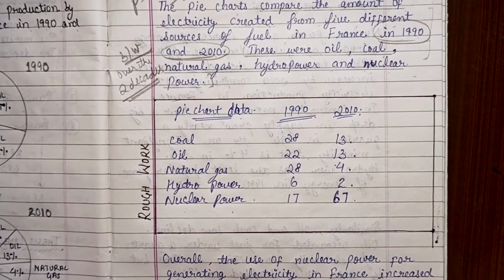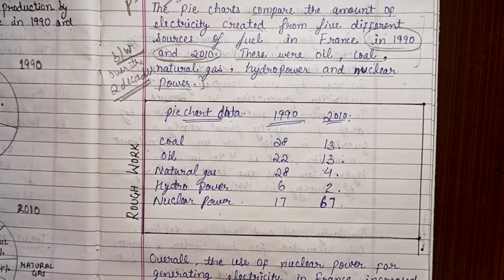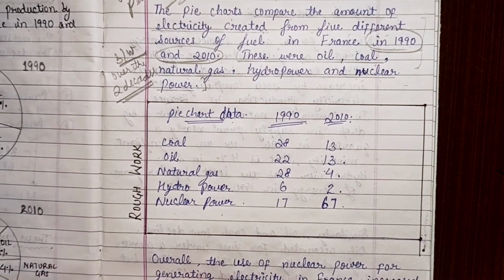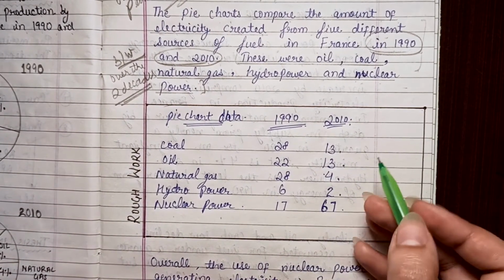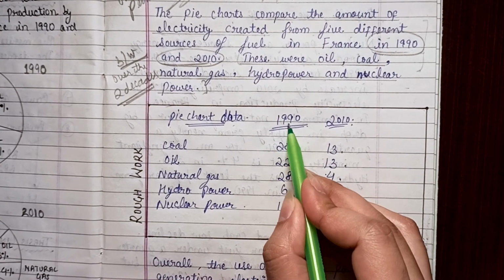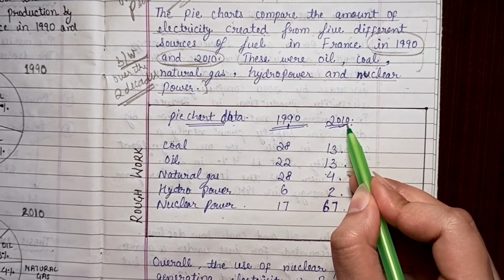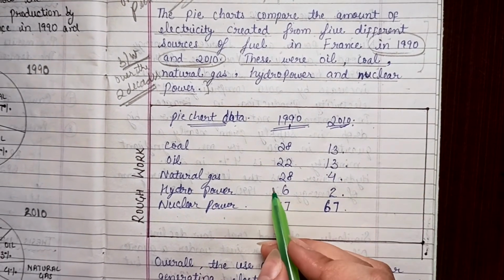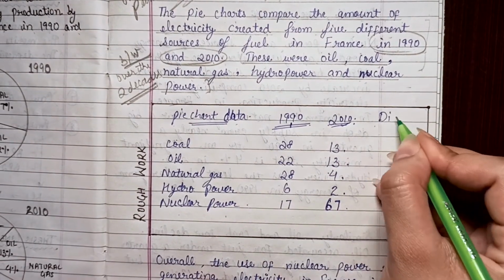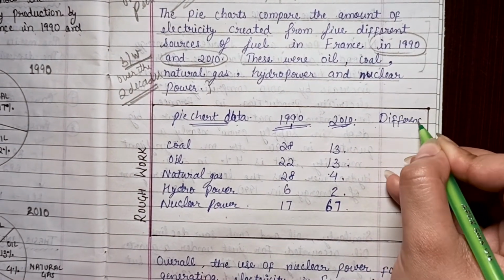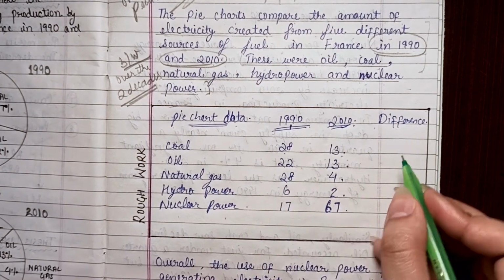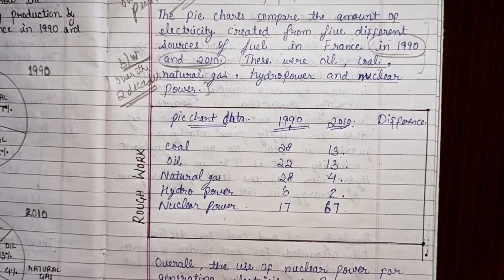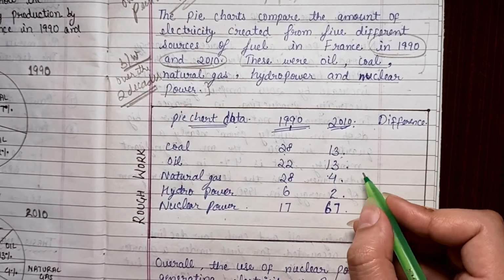So in the form of a table, you will be able to easily recognize what happened. Obviously this is the previous one and this is 2010. So here you will write the difference. First you will make the arrows so that it will be more convenient for you.